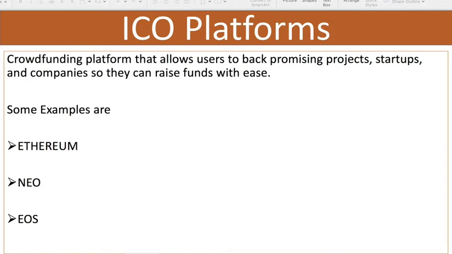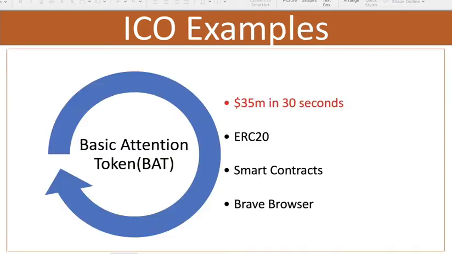Neo, for example, has been called the Ethereum of the East. EOS recently completed the largest ICO of all time, raising over $4 billion to build out their platform. We will stick to making reference to Ethereum ERC20 tokens as this accounts for the large majority of tokens in issuance today.